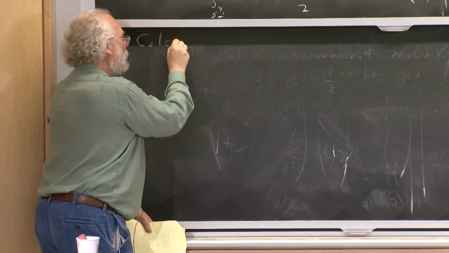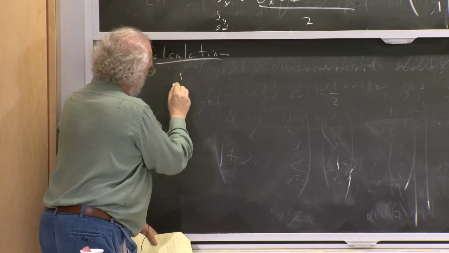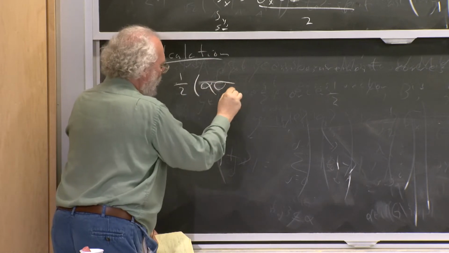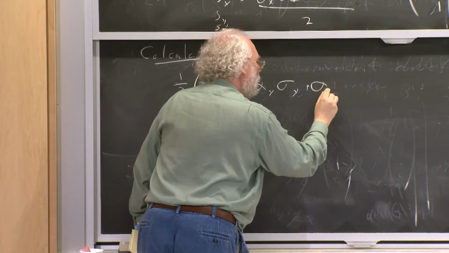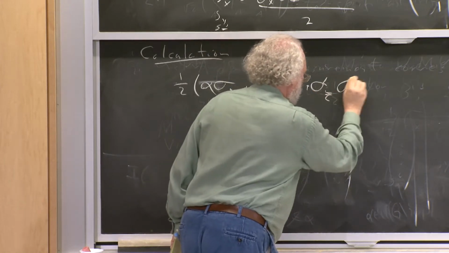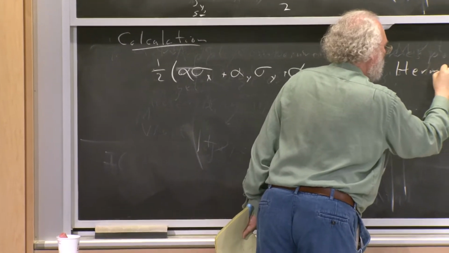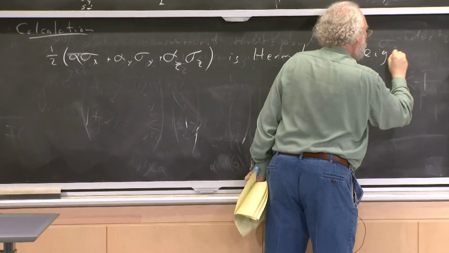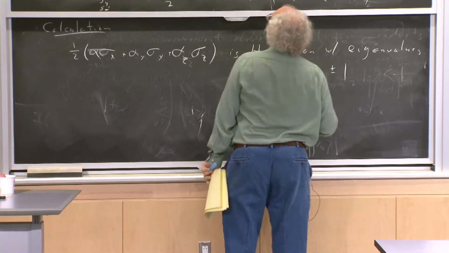Okay, I don't want to call this a theorem, but I'm going to call it something. So 1/2 of alpha x sigma x plus alpha y sigma y plus alpha z sigma z is Hermitian with eigenvalues plus or minus 1.